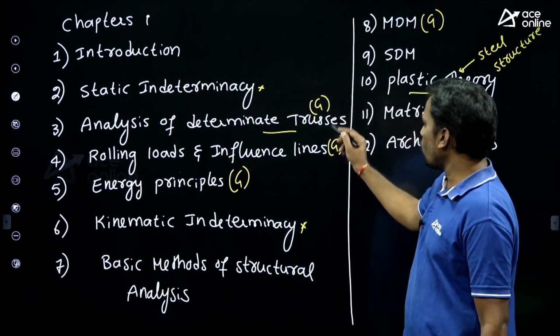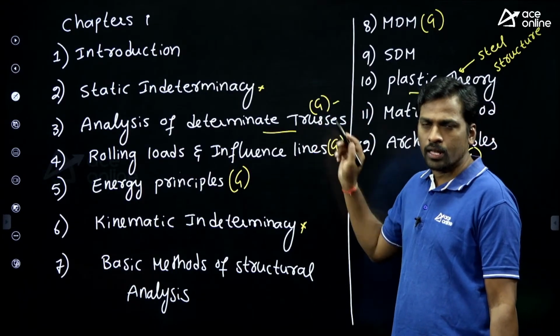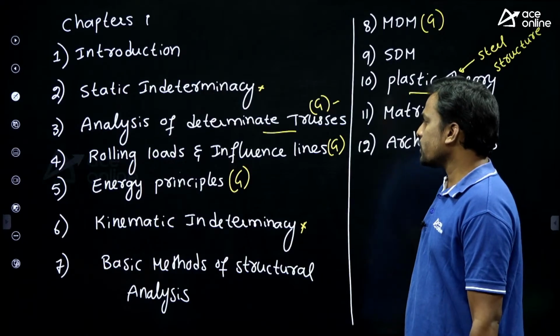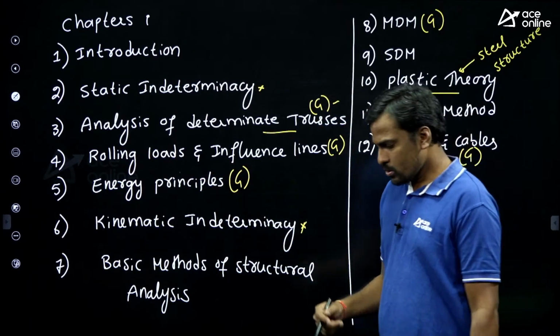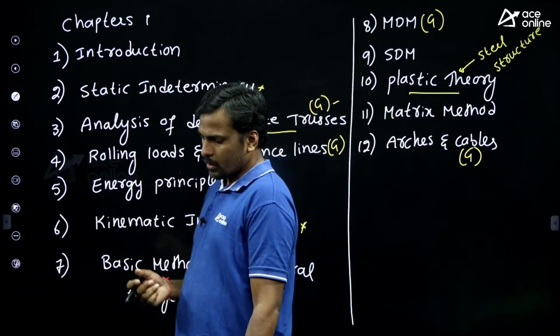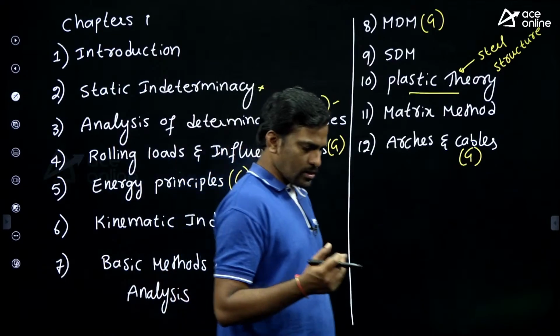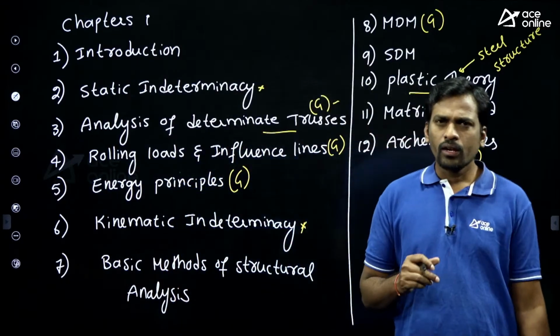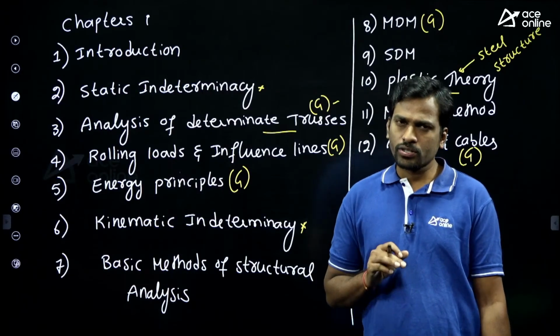So only one topic here: how to find the force in the members. Then next, in rolling loads, first you have to know how to draw ILD for a simply supported beam. Most probably they will give determinate structures only.